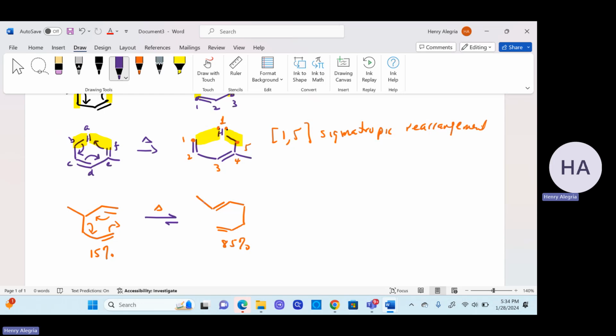So then, a question that you might ask is why? Pause here and think for a minute or so, look at the structures, and you should know why the equilibrium is favored to the right. So pause here, come back, then see if you got it.